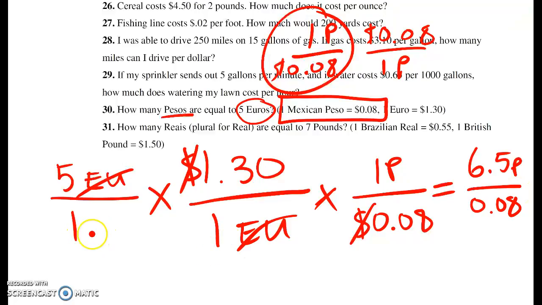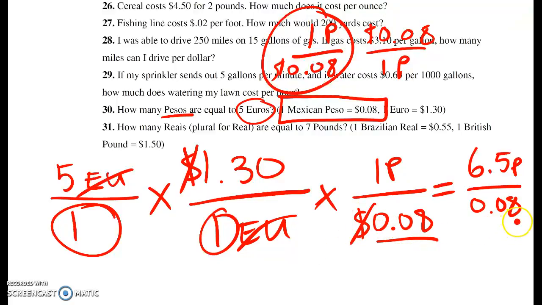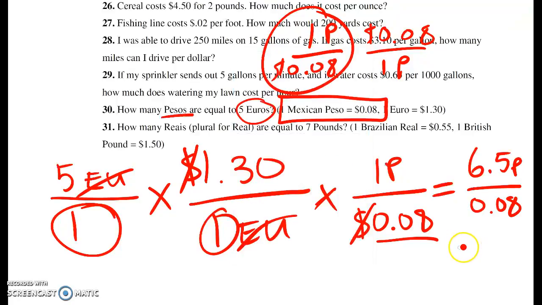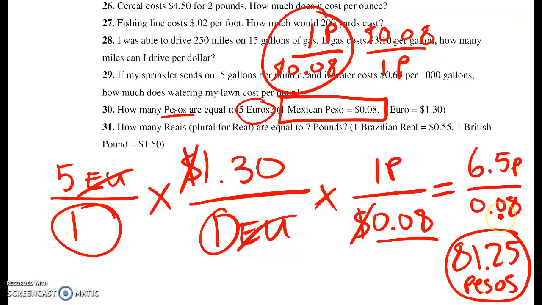Notice this one over here never had units, and that's okay. This one had units that are now canceled out, and this number had units that are canceled out, so there are no units on the bottom. Our final answer will take 6.5 divided by 0.08, which is 81.25. So 81.25 pesos should be the final answer.